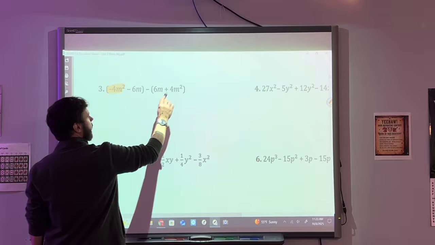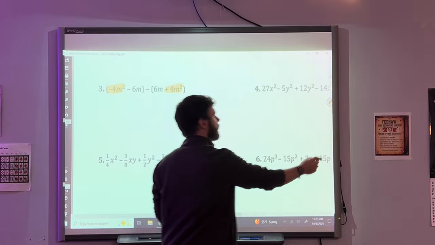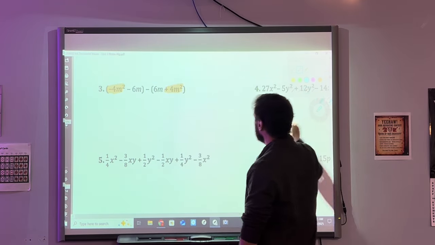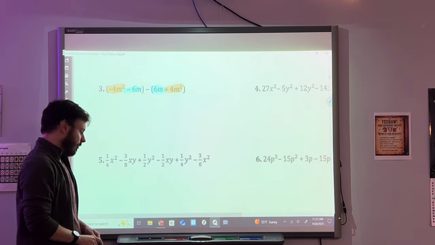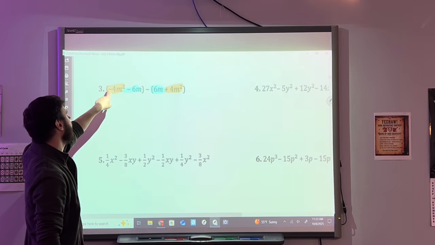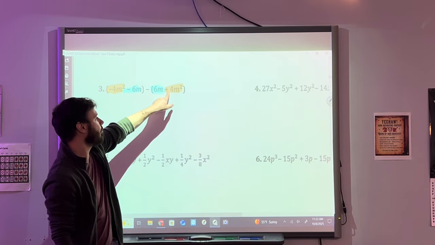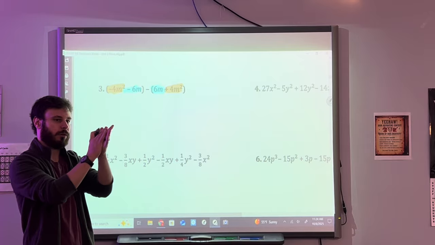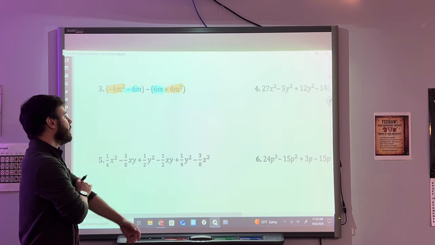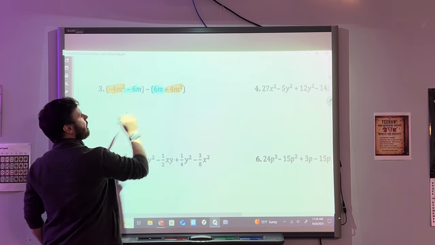Negative 4m squared plus 4m squared. Negative 6m, positive 6m. Okay. Don't fall into the trap and say, okay, I've got negative 4m squared plus 4m squared, it's going to be 0, it's going to cancel, right? Negative 4, positive 4 gives me nothing. But that's not true because I have to pay attention to the sign.